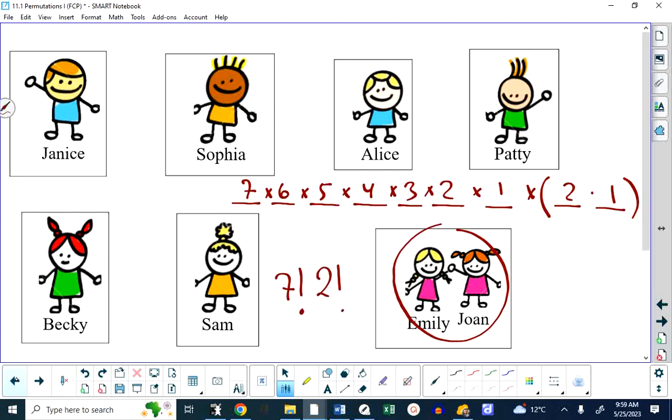We have to multiply by 2 factorial, which is 2. So the correct answer here is, how is my math on this? 10,080? There are a whopping 10,080 ways to arrange the girls.